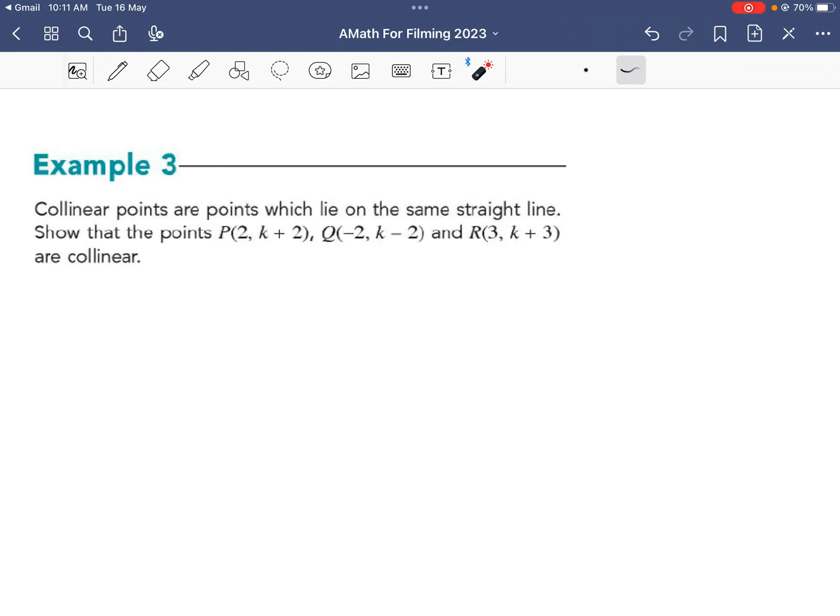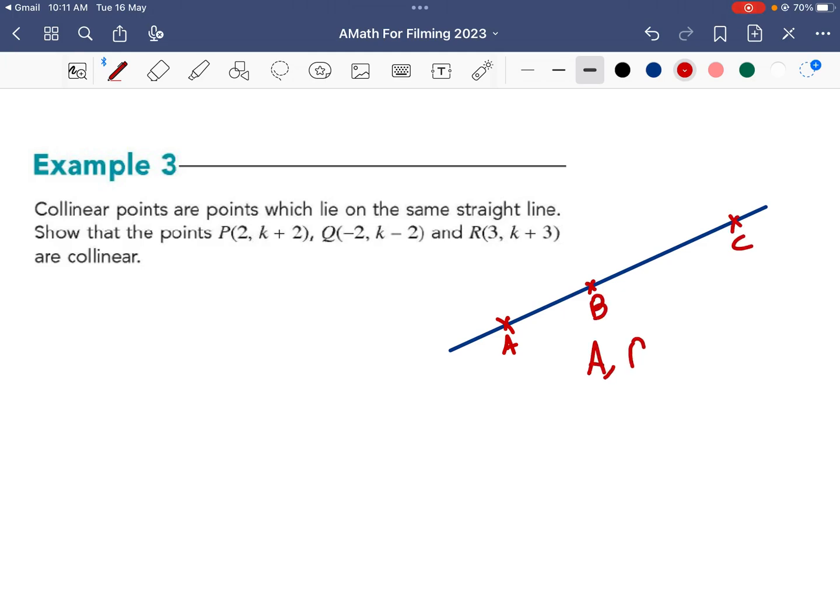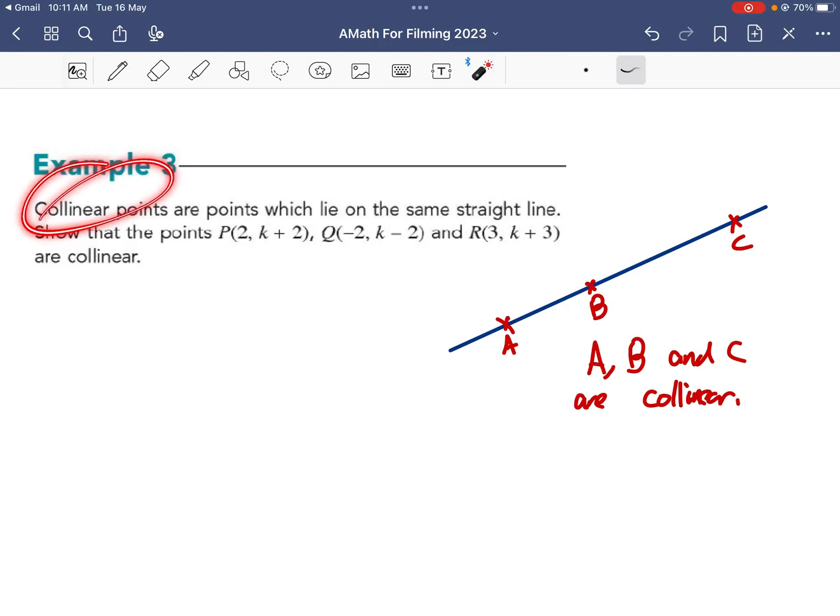On to example 3, collinear. What is collinear? Let me just give you an example first. If I have a straight line, I have points on them, A, B, and C. What I can say is A, B, and C are collinear. So the meaning of collinear will mean that they lie on the same straight line.